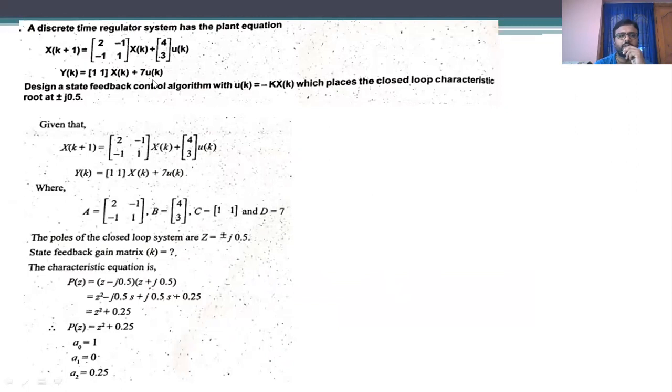Design a state feedback control algorithm, that is the state feedback gain matrix, with u of k equal to minus K into x of k, which places the closed loop characteristic equation roots at plus or minus j 0.5.